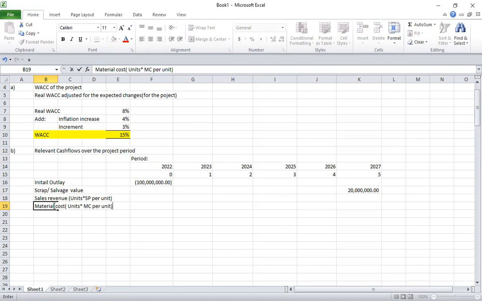And so the same will apply to direct labor cost, and the same will also apply to what we are told is called the incremental fixed cost.